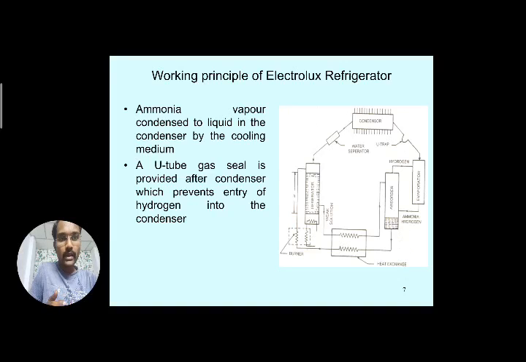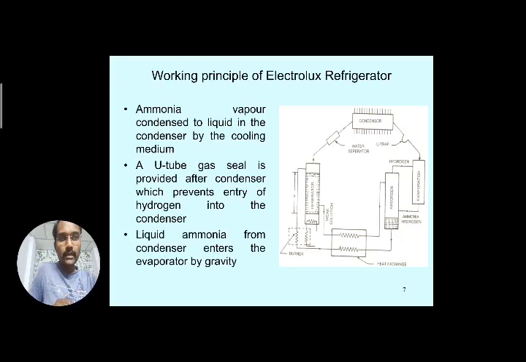If you provide a U type section, a U tube type of gas seal, hydrogen will not pass through this section and will not enter the condenser component. So entry of hydrogen is restricted with the help of this U trap. That is the simple purpose. Next to the U trap, the pipeline is connected to the evaporator component.